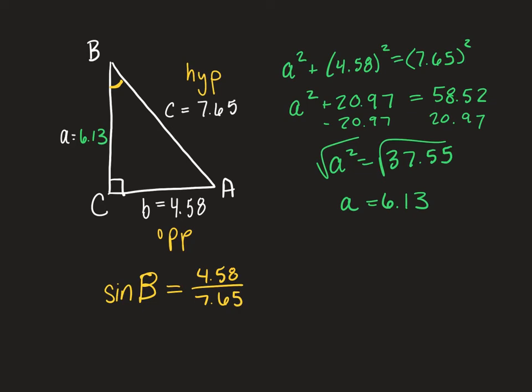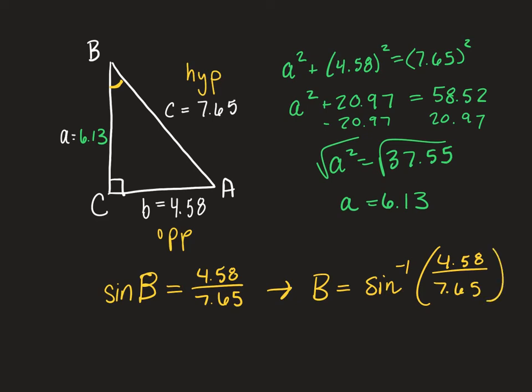So we're going to use the inverse sine to find angle B. So angle B is equal to the inverse sine of 4.58 over 7.65. So you're going to plug that in your calculator.